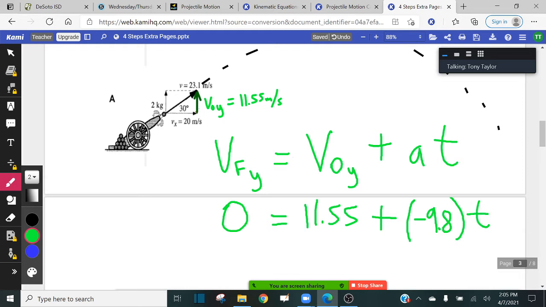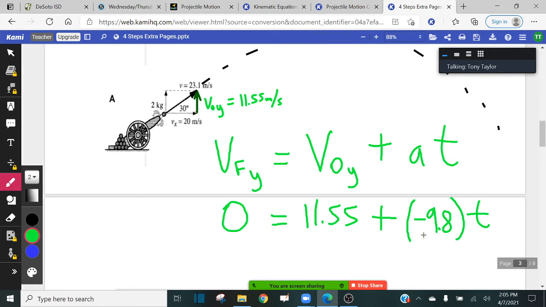The reason I want to put negative 9.8 is because the ball is going up and it's slowing down. If you remember from last semester, whenever an object is slowing down, the sign of its velocity must be the opposite of the sign of its acceleration, and vice versa. Since we have a positive initial velocity and we're slowing down, the acceleration has to be negative.